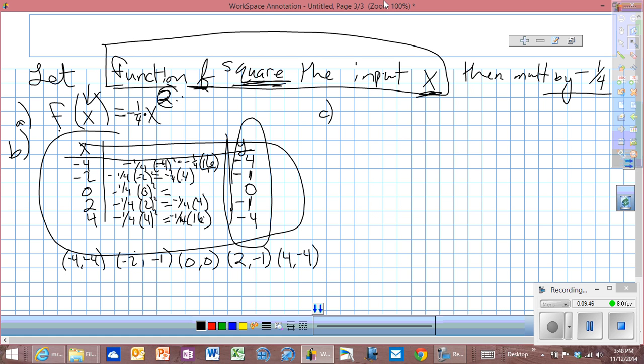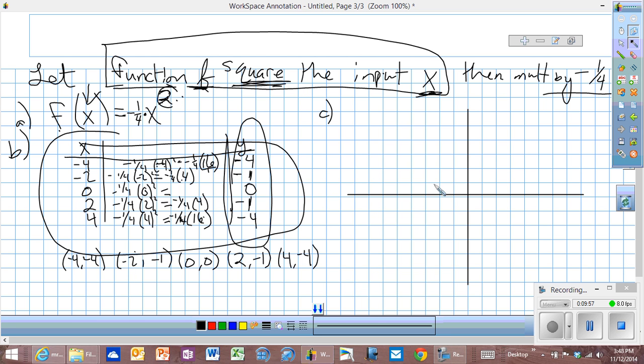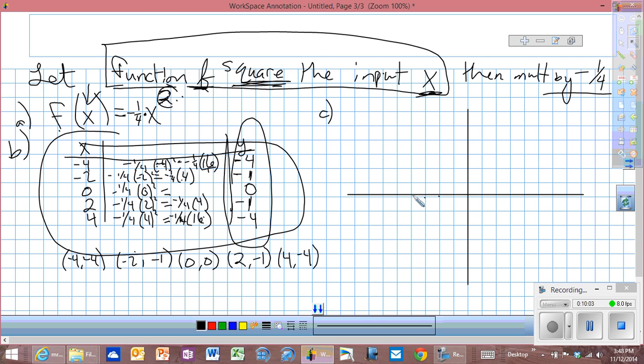Now I plot these points to make the graph. Let's go left 4, down 4. That's the first point. So I go 1, 2, 3, 4, and 1, 2, 3, 4. Make my dot. I plotted that point. Then I have negative 2, negative 1. I go left 2, down 1. Cross off that point. Then I have 0, 0.